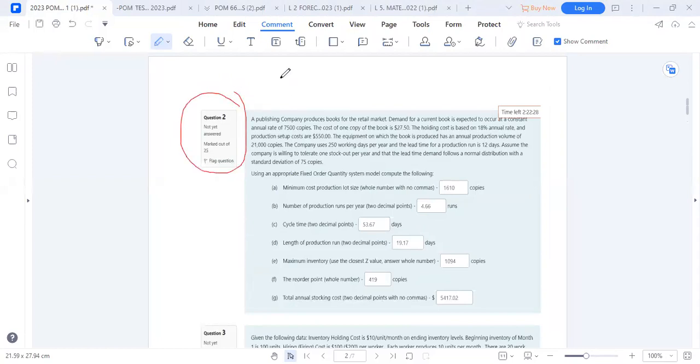This question 2 was on inventory management, and it was on the production model of inventory management.